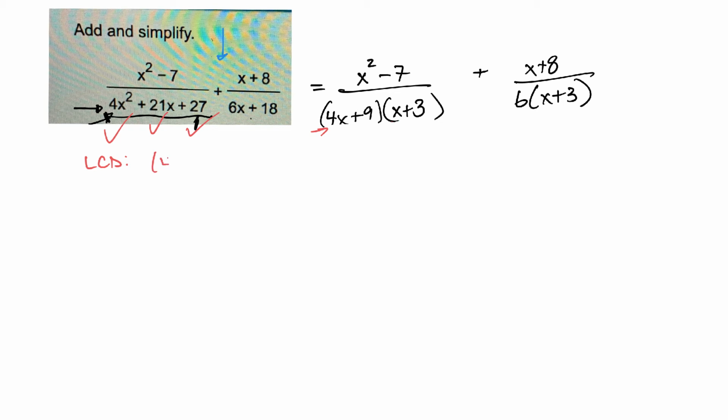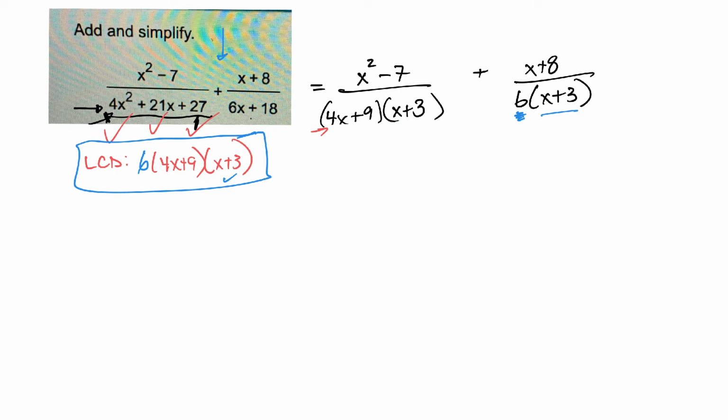So I'll write 4x plus 9 and an x plus 3, and then see if I have to include anything else. So over here I don't have a 6 yet in my common denominator, so I'll include that. And x plus 3, I have it already. So this would be my lowest common denominator.